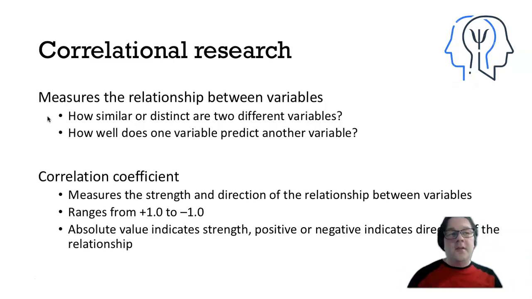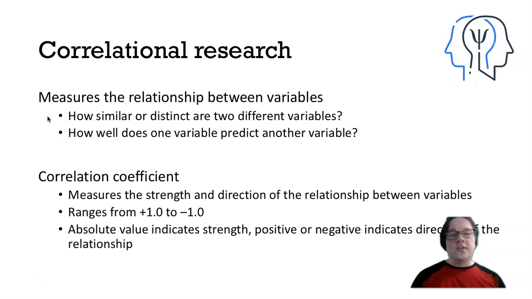It's also going to tell us, number one, is there a connection between those two variables, and how strong is that connection, and also the nature of that connection. We'll see what I'm talking about in a minute here. So it measures the relationship between variables, and it can answer questions about how similar or different those two variables are, and how well one variable might predict another variable.